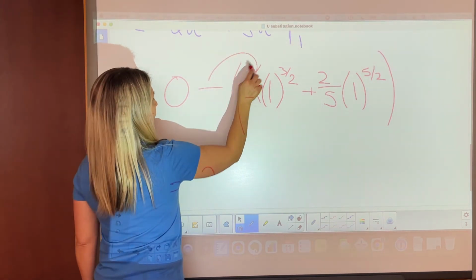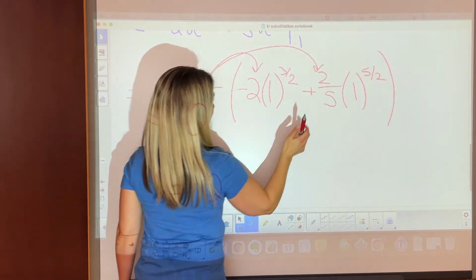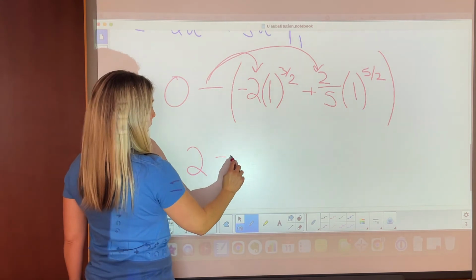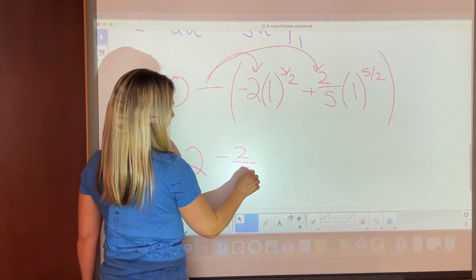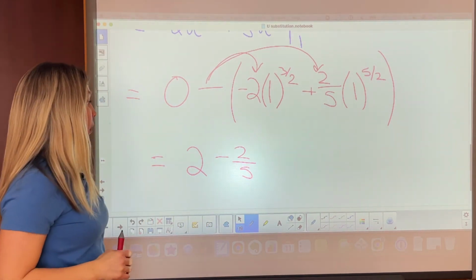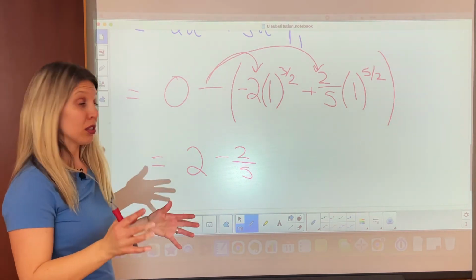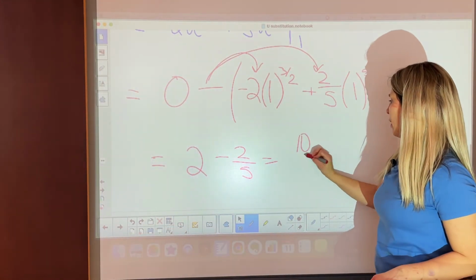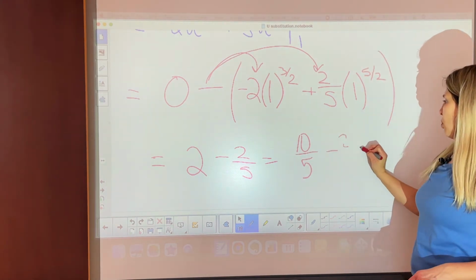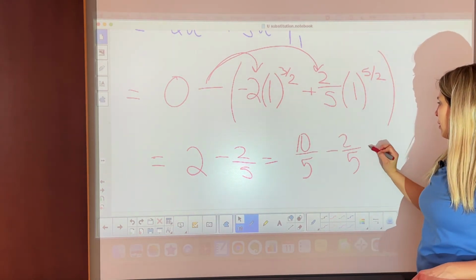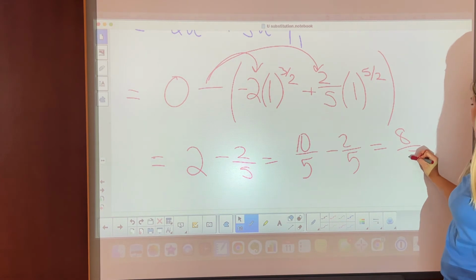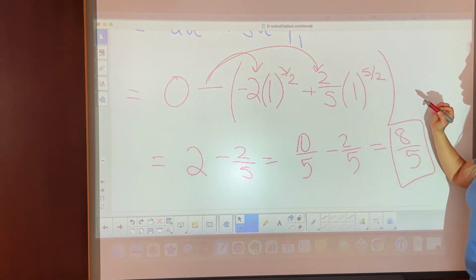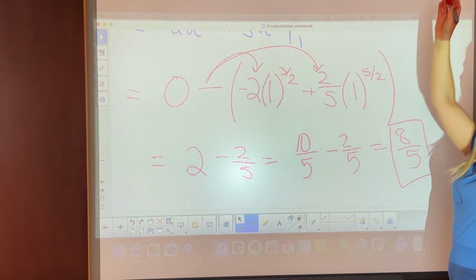So I did that one. Now we're going to distribute to this one. So then you have -2 over 5. So now we just have to get common denominators and simplify. So 2 I can rewrite as 10/5, minus 2/5 leaves us with 8/5. And hallelujah, we're finally done.